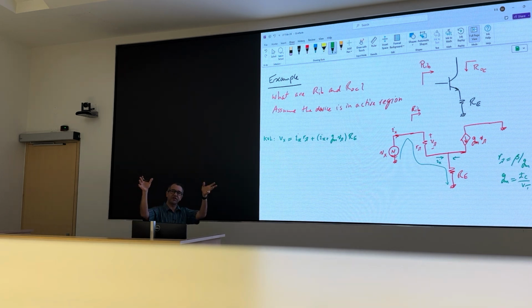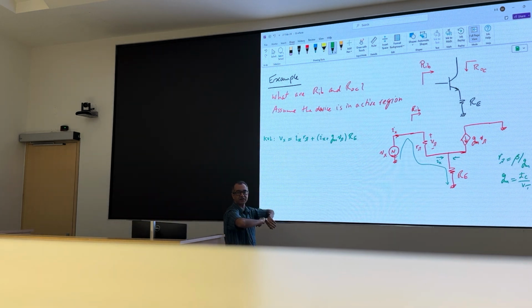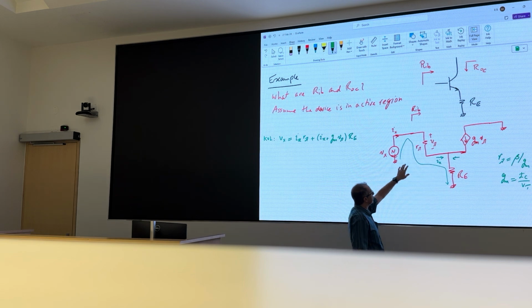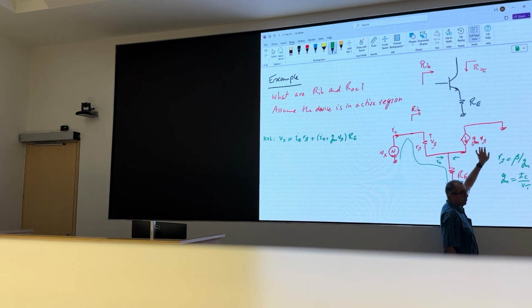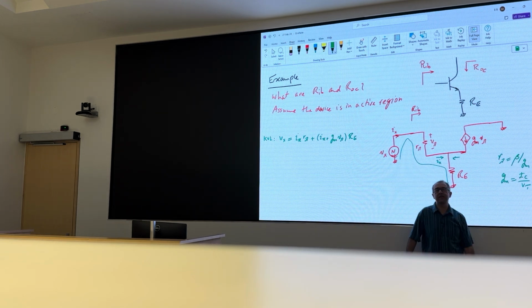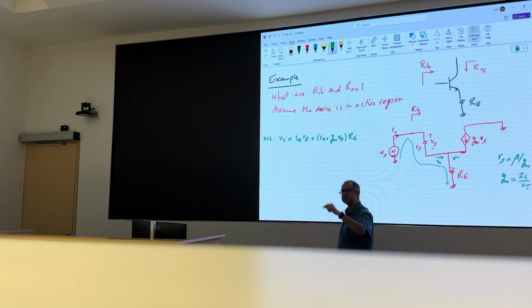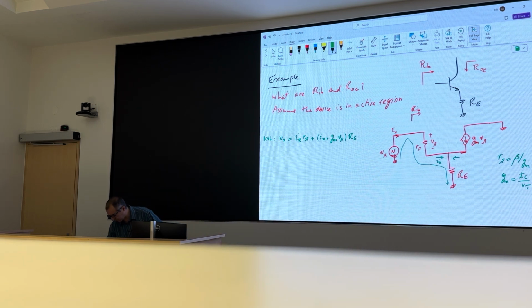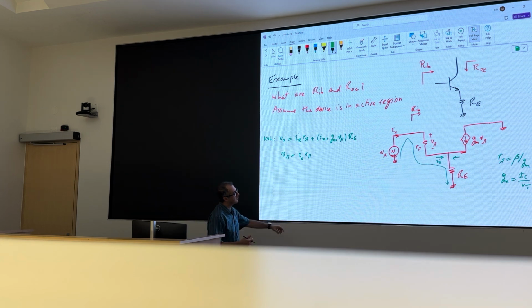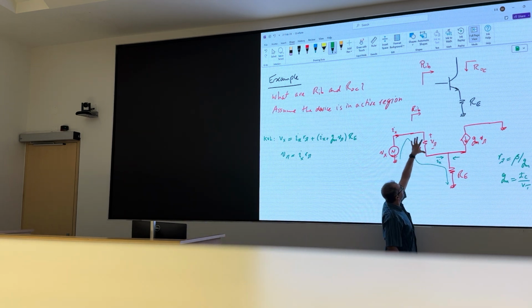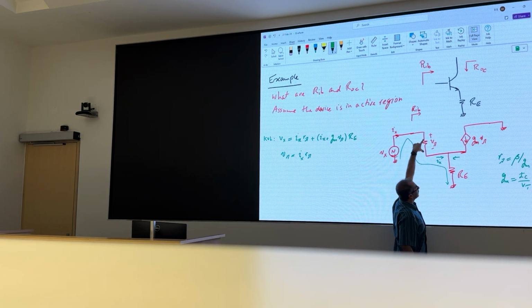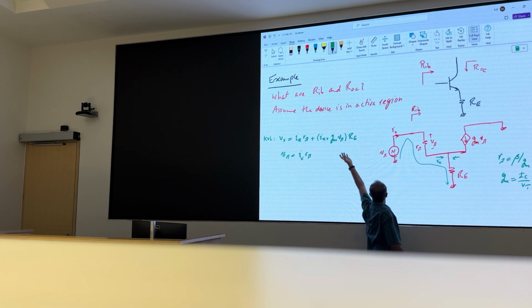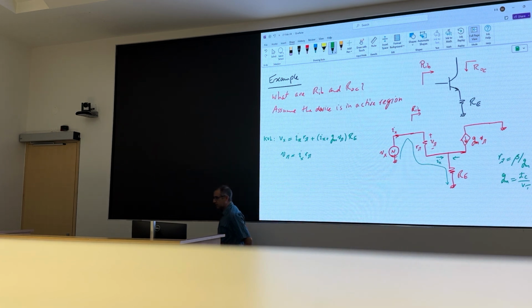I'm assuming that we've done the DC analysis, so I already know R pi and gm. The biasing is taken care of. If I look at that circuit, V pi is Ix R pi. This voltage drop of V pi is current times R pi. Okay, done.